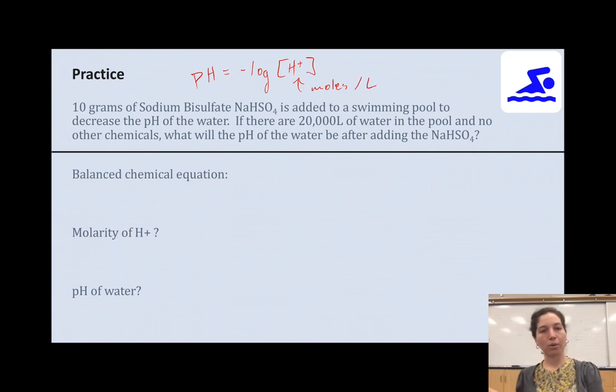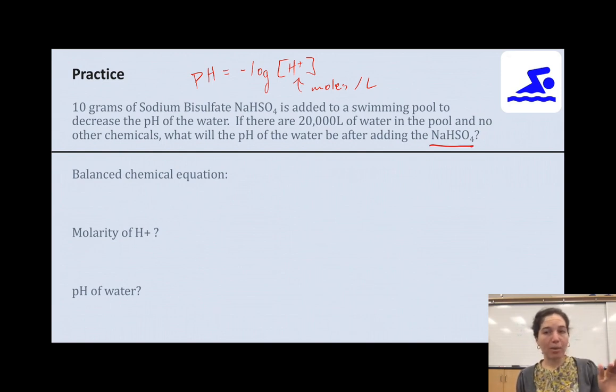This is what's often sold on the shelf in stores. If you add 10 grams of the sodium bisulfate to swimming pool water in order to decrease the pH, and there's 20,000 liters of water in the pool and no other chemicals, we're assuming this is the only thing affecting the pH. What will be the pH of the water after you add this NaHSO4?